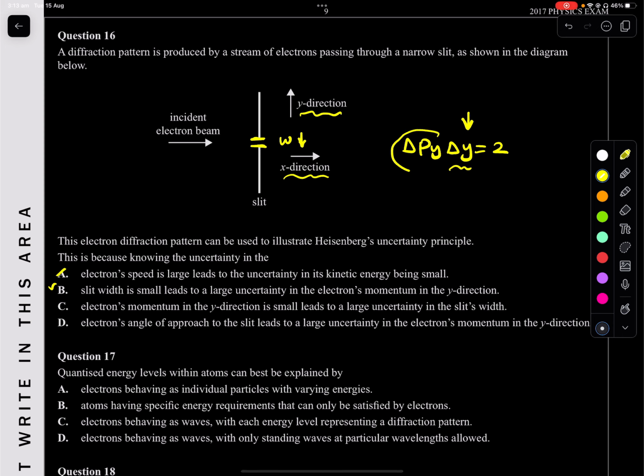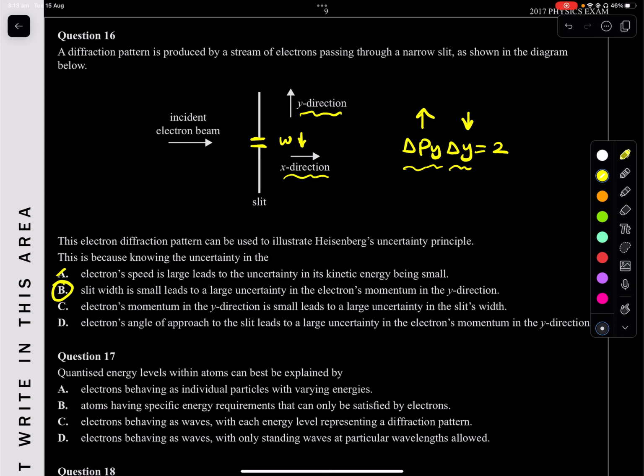Our change in momentum becomes large. It has to become large so the product can stay at 2. Remember, it is a constant, so to compensate for this change, your momentum uncertainty must be greater. So yes, B is absolutely right.